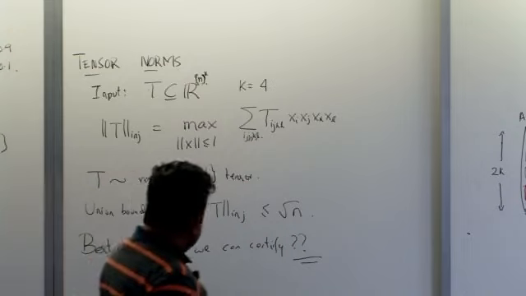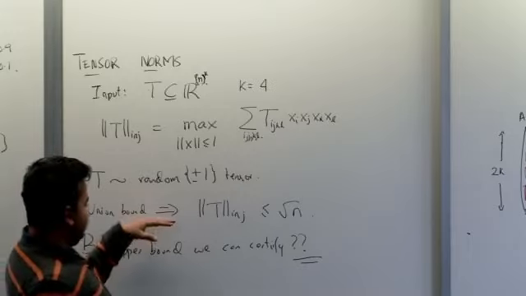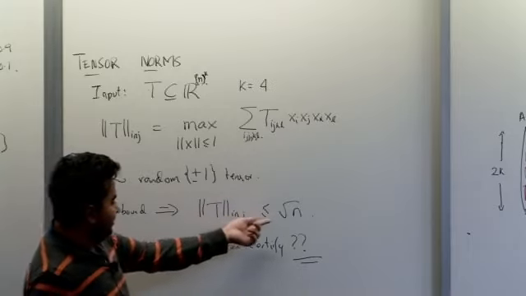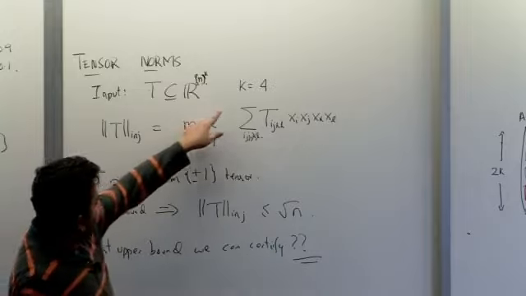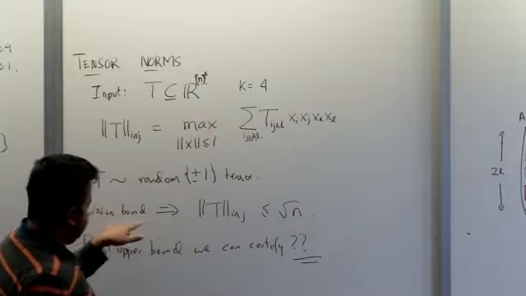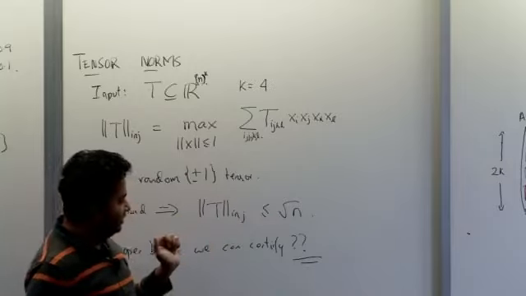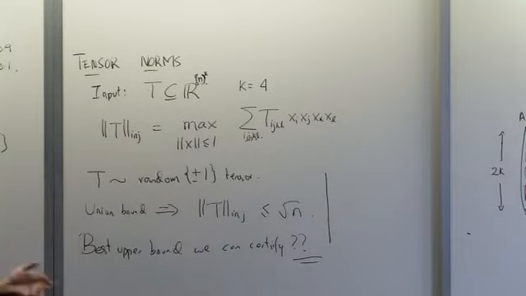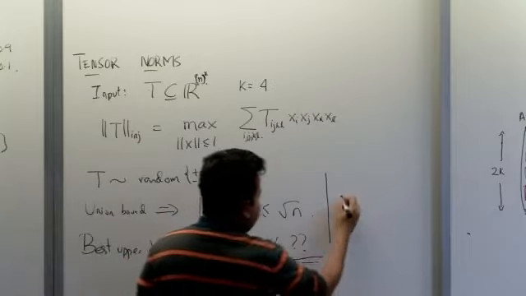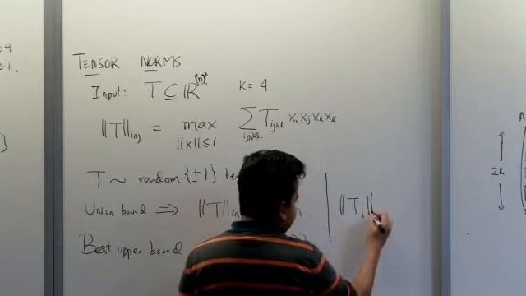Okay, and we obtain a similar trade-off result between the spectral and the exact upper bound. So for example, for k equal to 4, the actual value of the injective tensor norm is roughly square root n. But there is a spectral upper bound, which I'll talk about soon. I'll just denote it by this. We'll clear what this picture is.